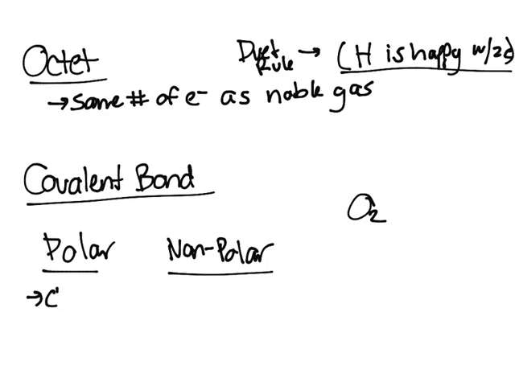So polar means electronegativity, and remember electronegativity is the amount of affinity, how much an atom will pull electrons towards it. So polar means electronegativity differs by a significant amount. Some people define the amount differently.